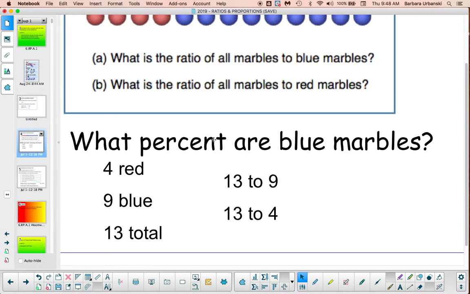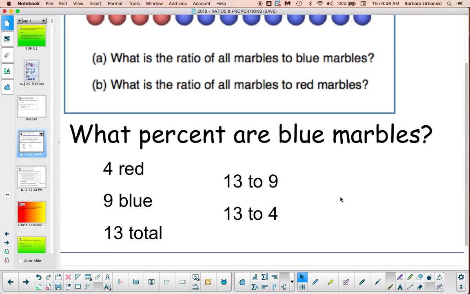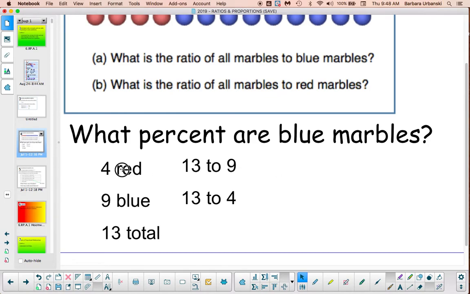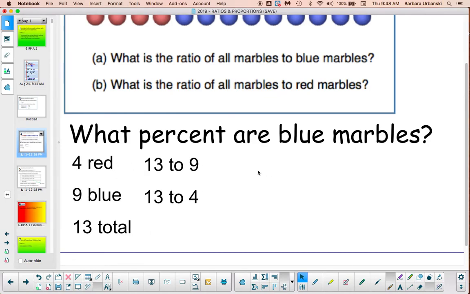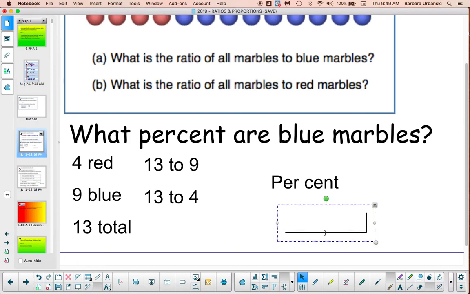And then I have a question here where it says, what percent are blue marbles? I'm going to just move this over because one thing that you always have to remember when you talk about percent: when you think of the word per, P-E-R, you should always look at a fraction bar. So I'm going to go ahead and make a fraction bar there.